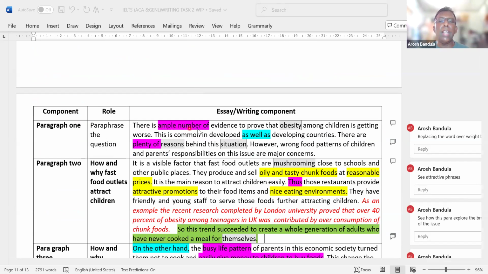There is ample number of evidence to prove that obesity... Excuse me, sir. Yes, please. Sir, the screen... Can you see the screen? Yes, they can see the screen, Menaka.